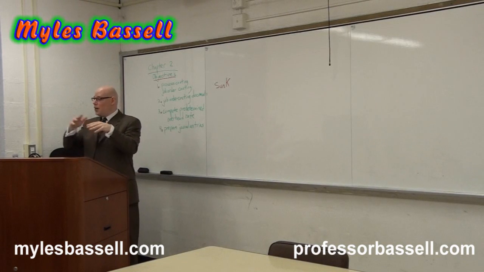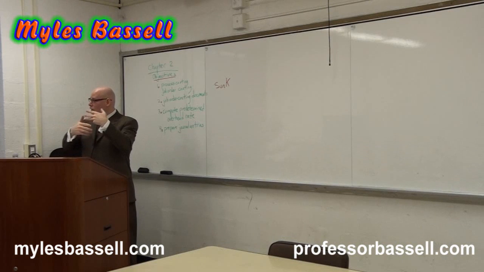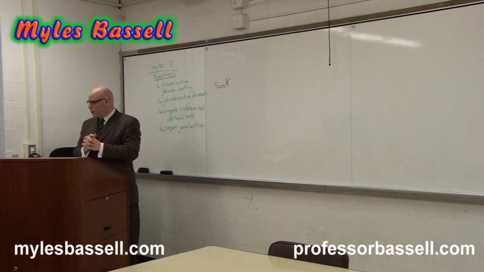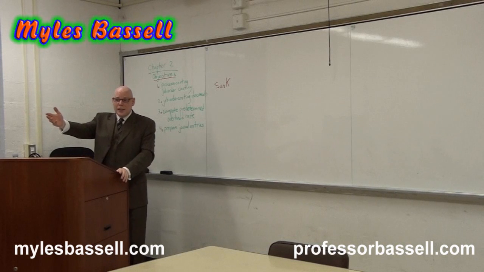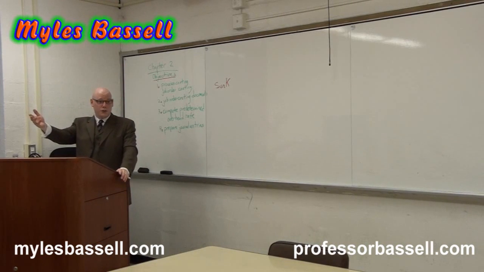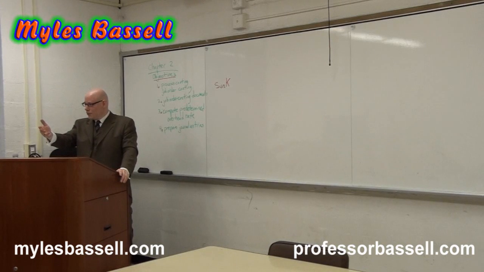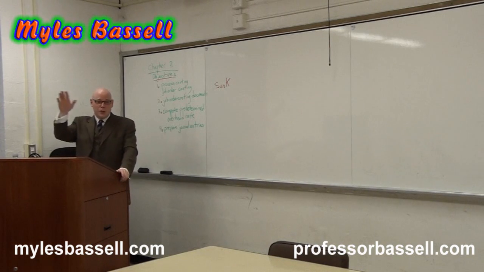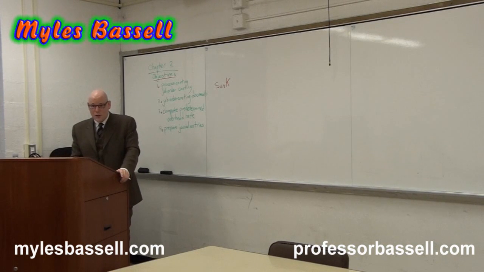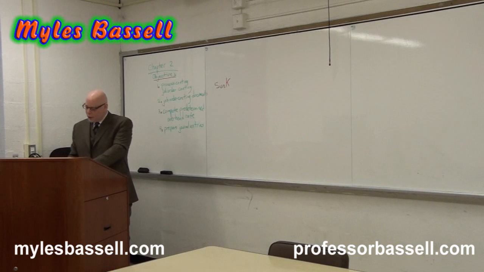Some costs are not sunk, and we need to take that into consideration. So for example, if we discontinue a certain product line, some of our variable costs might be reduced. So we need to know the difference between sunk costs and costs that are not sunk. Questions about that? Okay, good.